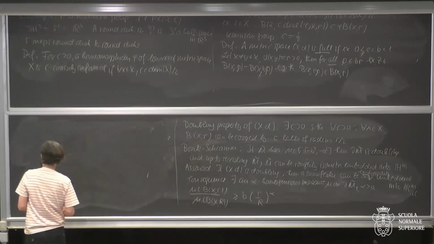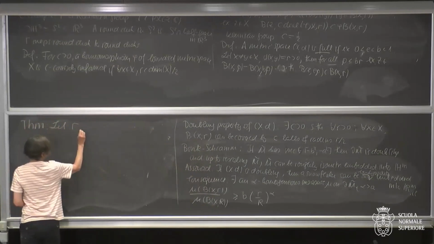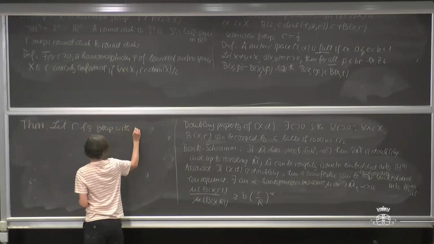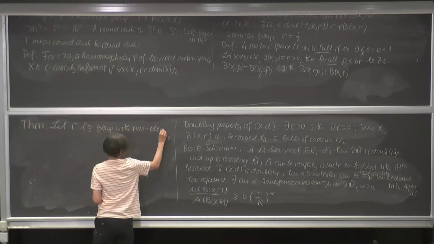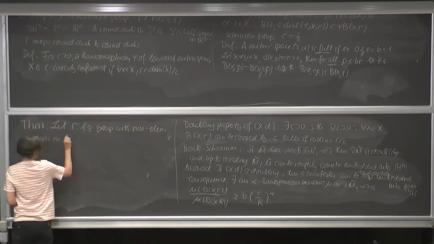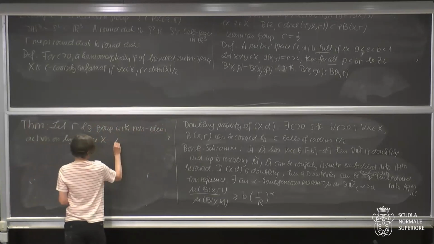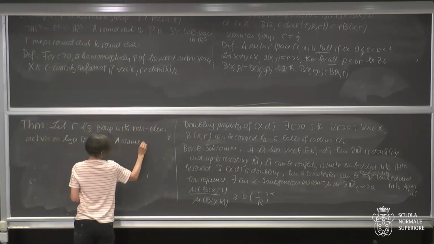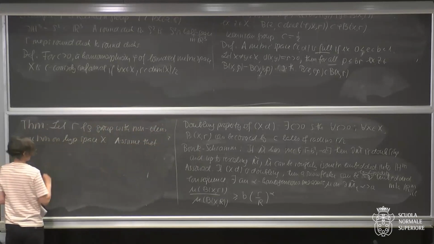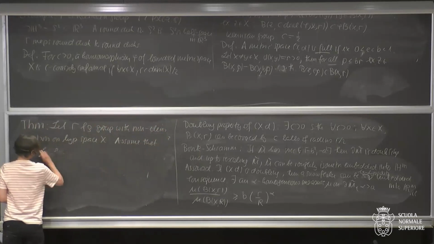The theorem: let gamma be a finitely generated group with non-elementary action on a hyperbolic space X. Assume that the Gromov boundary of X, so there's no assumption on X, has finite Assouad dimension, or say it's doubling, and full.